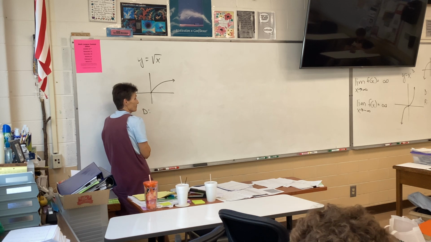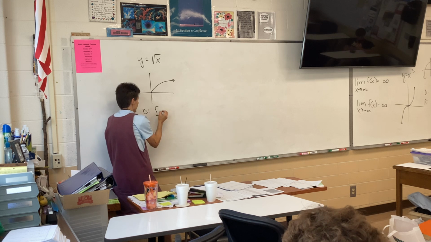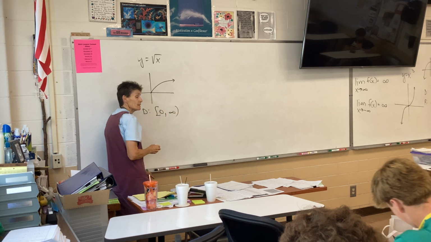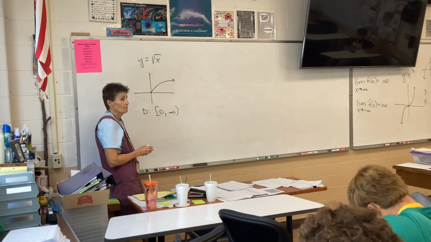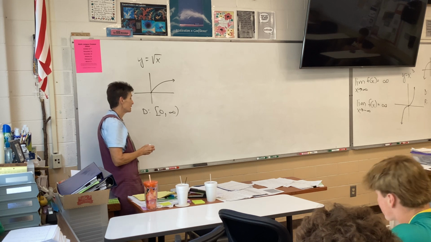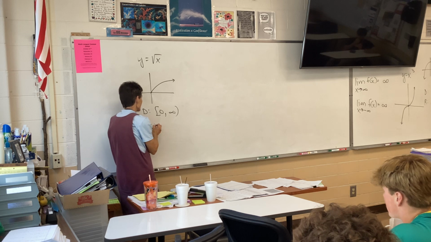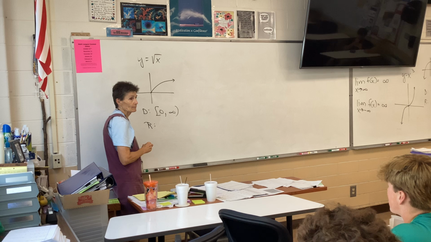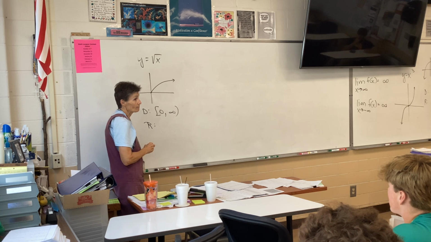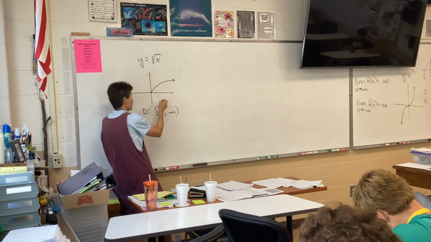What x is it? 0 to infinity. We can take the square root of 0, so we're going to include 0, but we're going all the way to infinity. How about my range? Oh, 0. Yeah, we don't go negative, right?